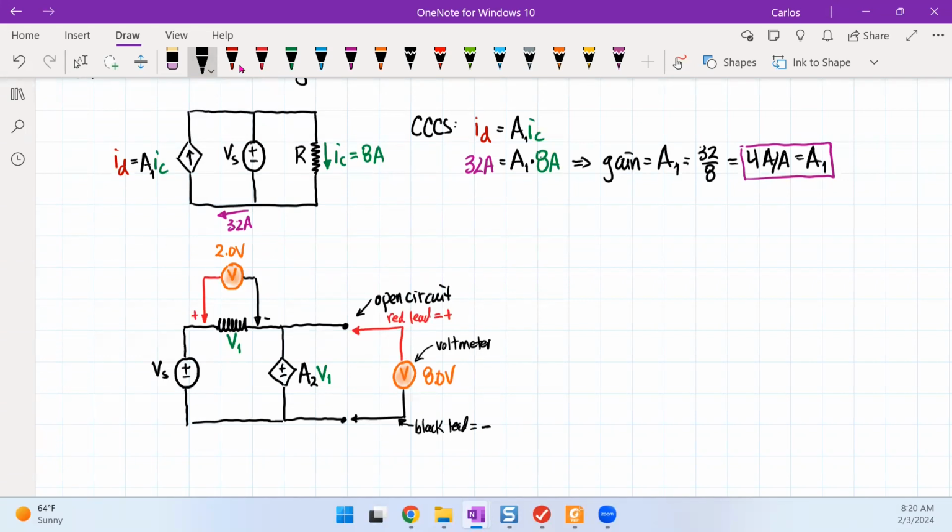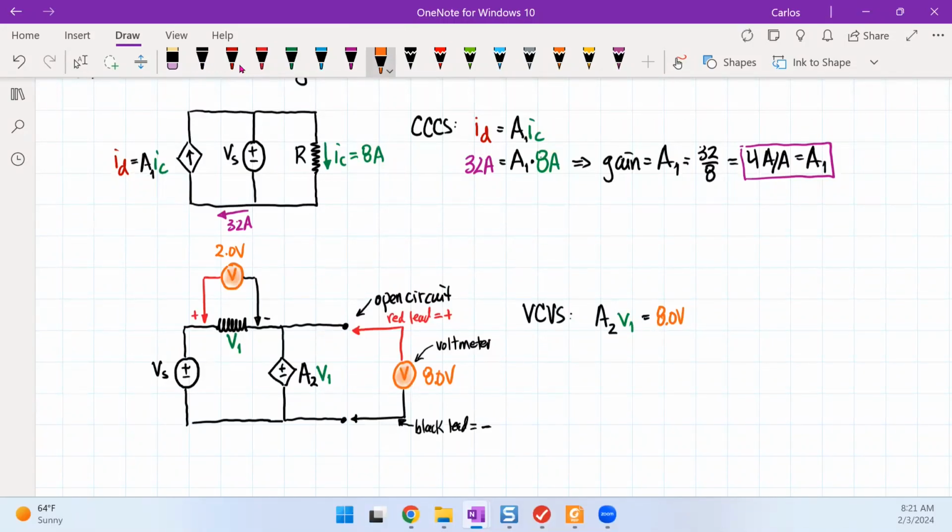Now, if I look at my voltage-controlled voltage source, I have my output voltage, which reads V1 like that. The voltmeter on the right side measures the voltage of the output, and this guy clearly reads 8 volts.